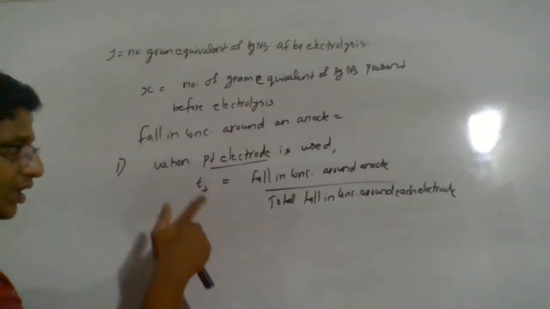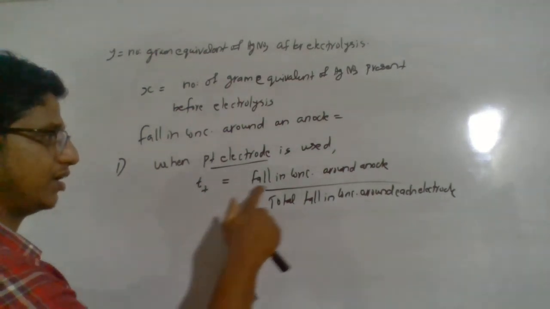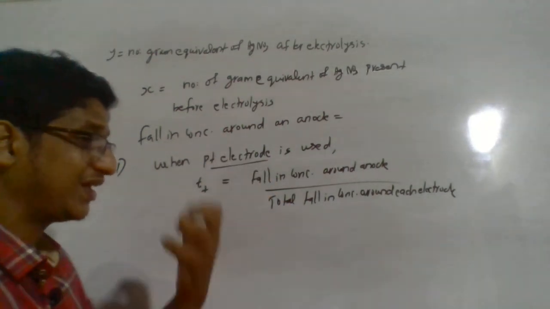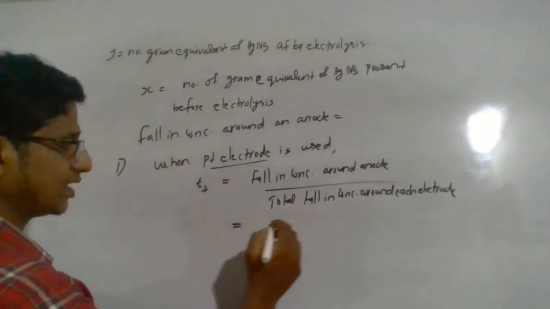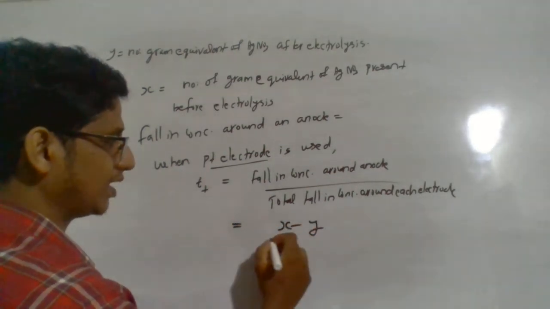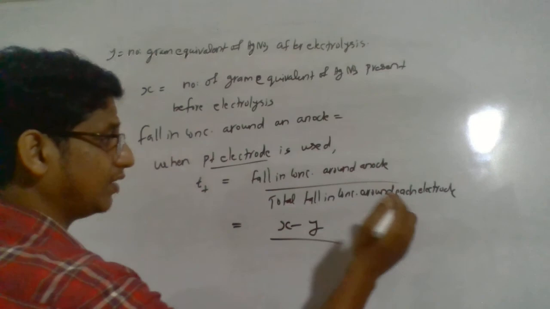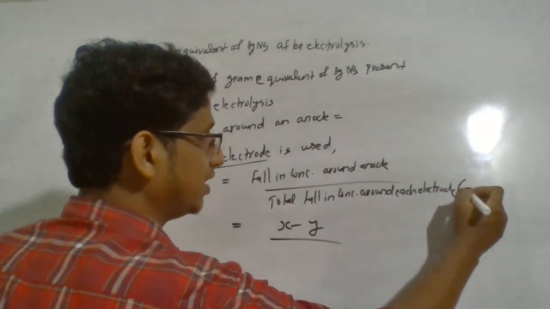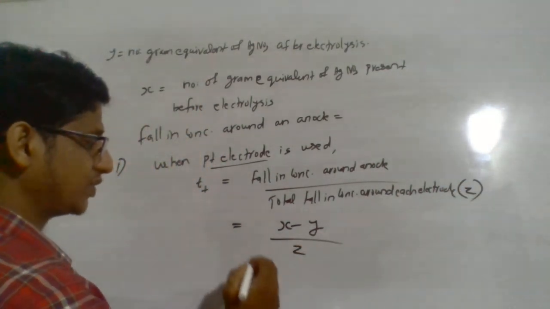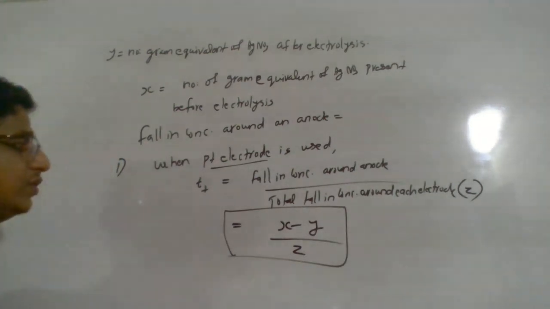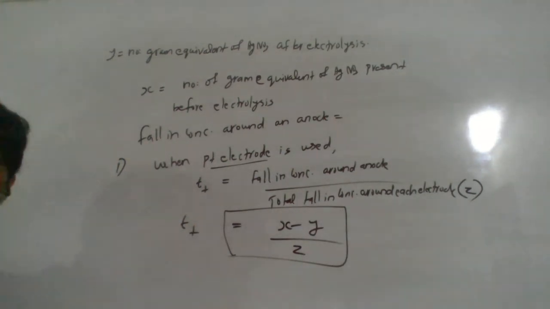So the transport number of the cation you can decide by the fall or decrease in concentration. What will be the decrease in concentration? That will be X minus Y, divided by the total fall in concentration around each electrode, let me take it as Z. So X minus Y divided by Z will give you the transport number of the cation.